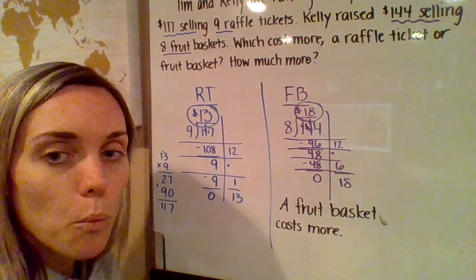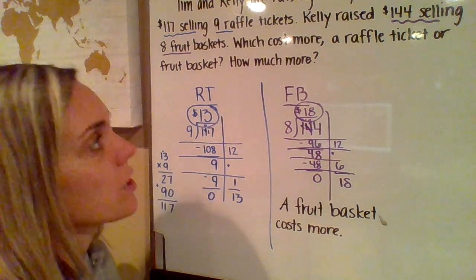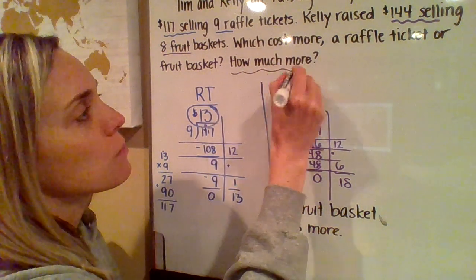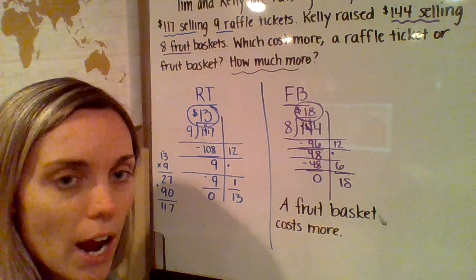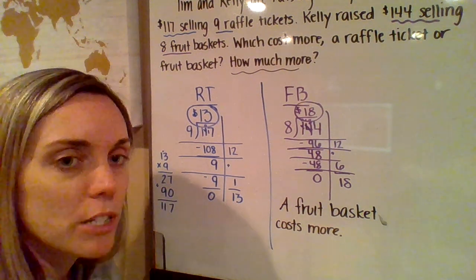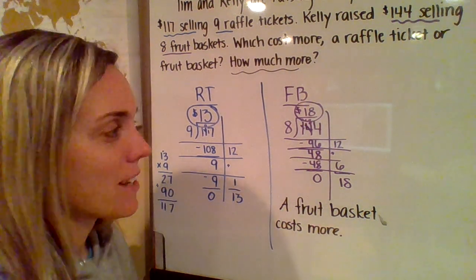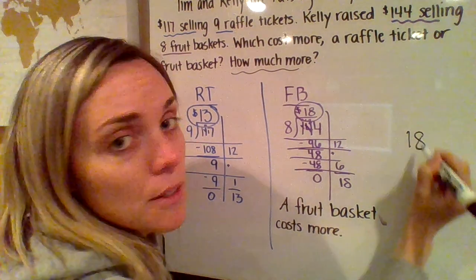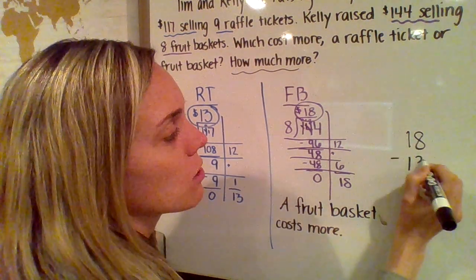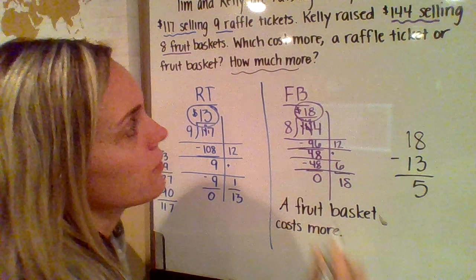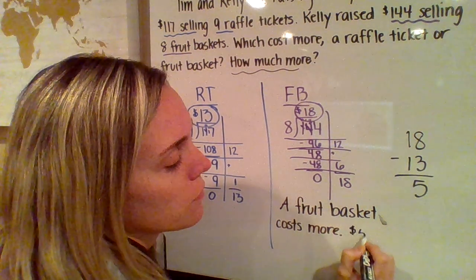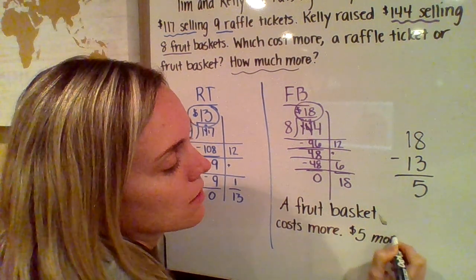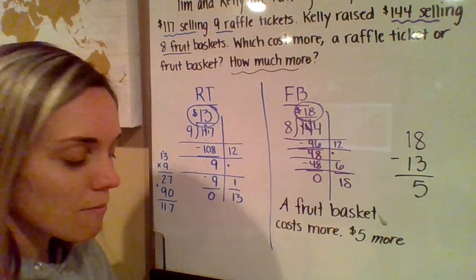But look, there will be more than one question usually. How much more? Now I know when I hear how much more or how many more, I am going to subtract. And if I do 18 minus 13, I get 5. So how much more? $5 more.